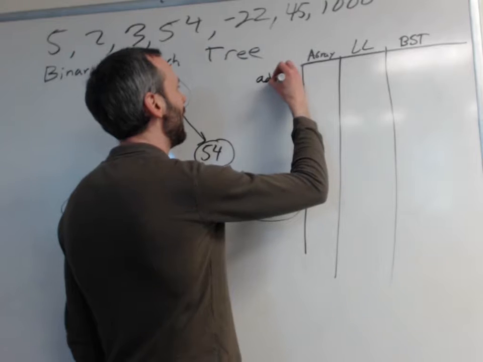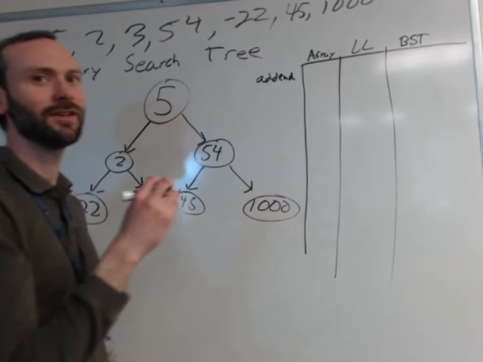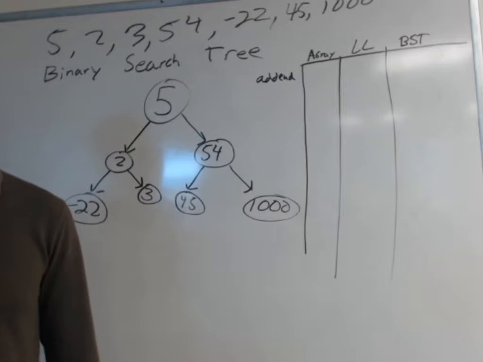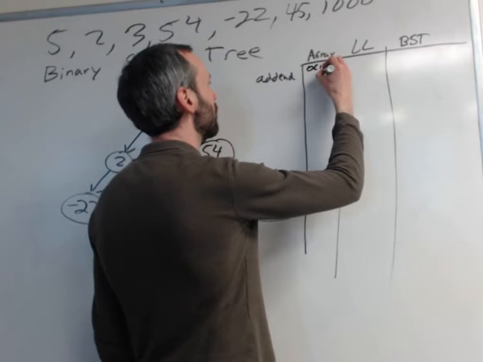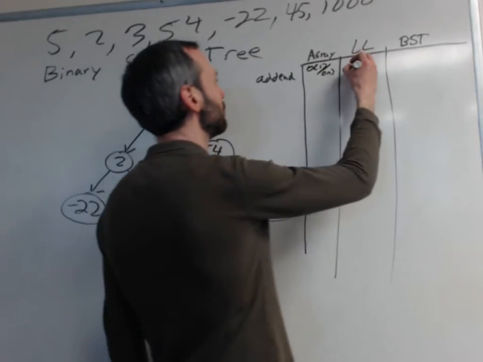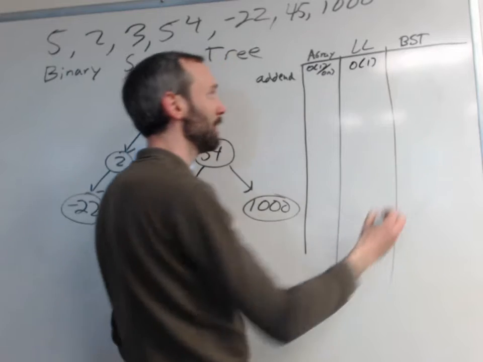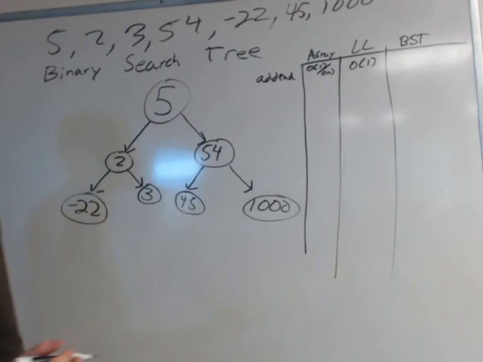If you want to add to the end, what is that in an array? Average of 1. Yeah. So normally it's O of 1 or O of n. How about a linked list? O of 1. Binary search tree. Let's take a look. N is the size of the data structure. How many elements are in the data structure?